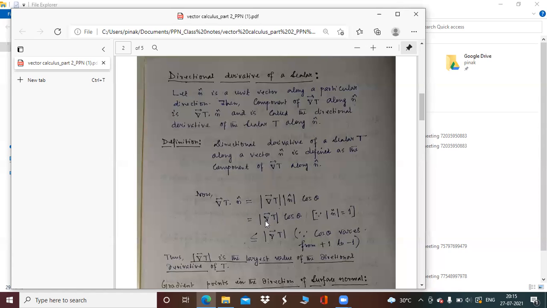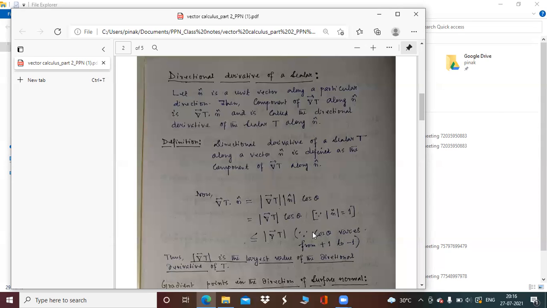Now this is obviously equal to magnitude of grad of T into cos theta, as n cap is a unit vector, so magnitude of n cap is equal to 1.